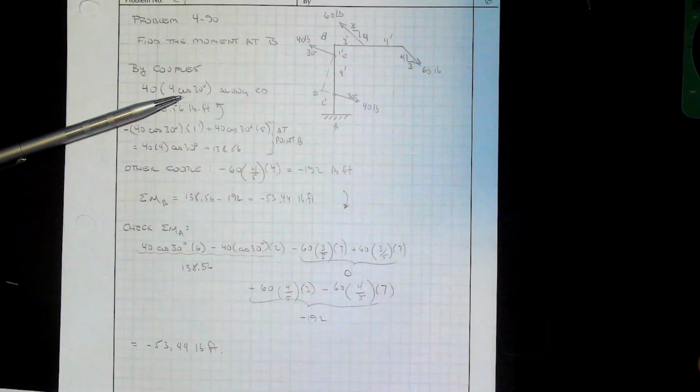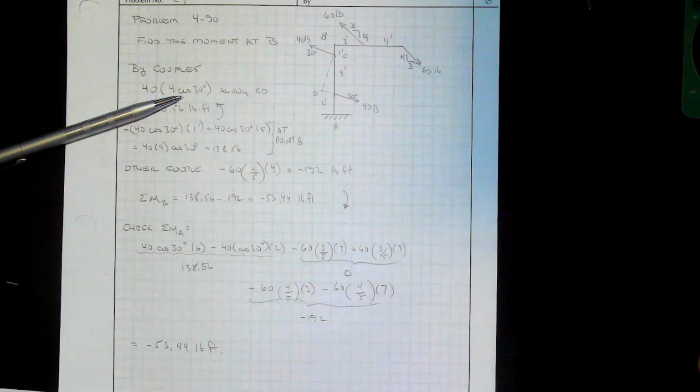So 60 times 4/5 times 4 feet, the distance here. And if I take the torque right here, this force is going through that point, so it exerts no torque. All that I have is minus 60 times 4/5, the y component, times 4 feet for the distance, which is minus 192 foot-pounds.